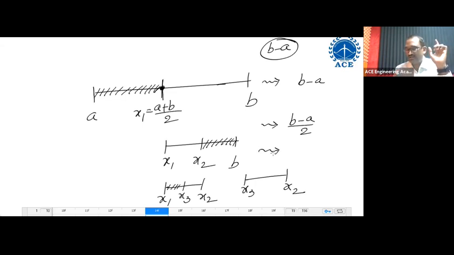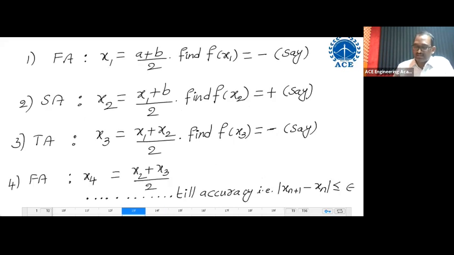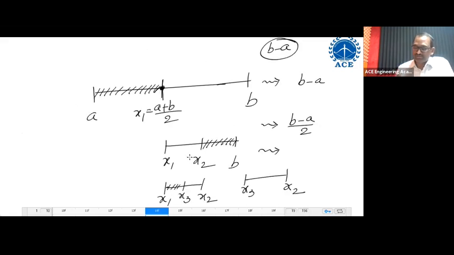One more point, and after that I will give a conclusion. This is important. Now f of x1 and f of x2 are of opposite signs, which means the root lies between x1 and x2. x2 is the middle point of x1 and b.